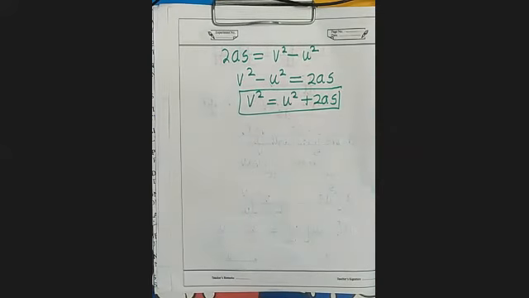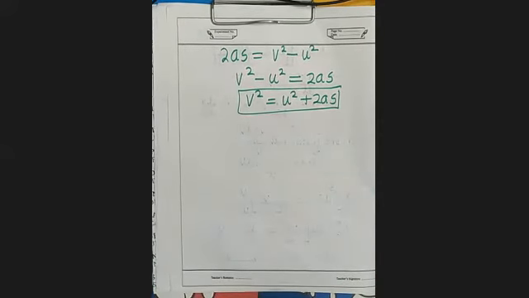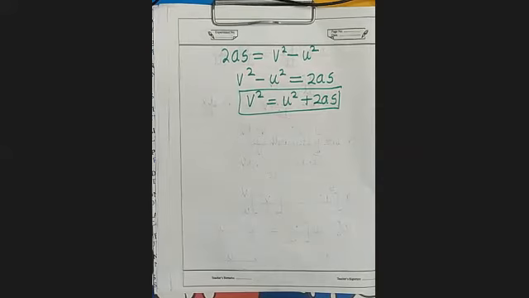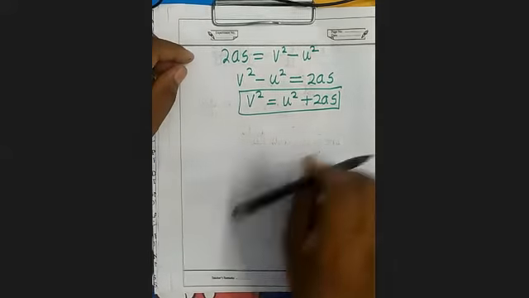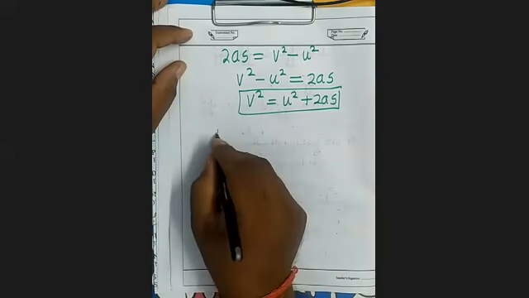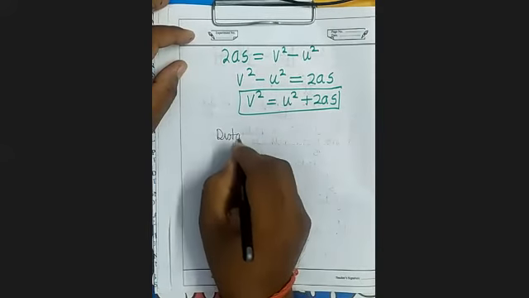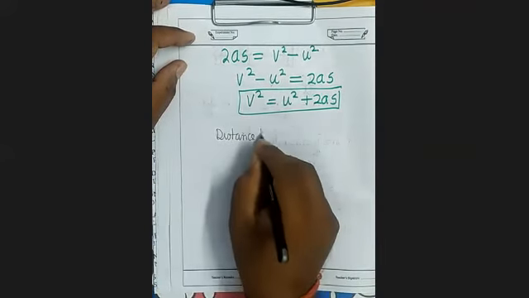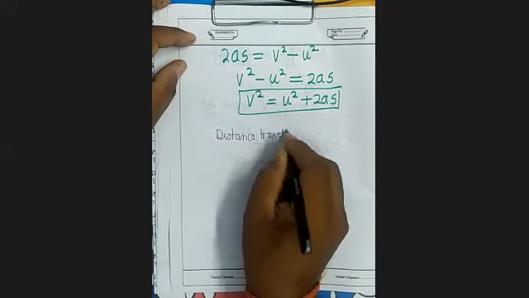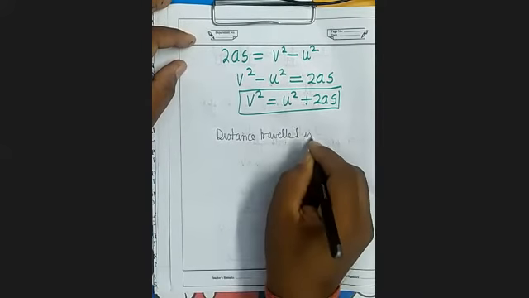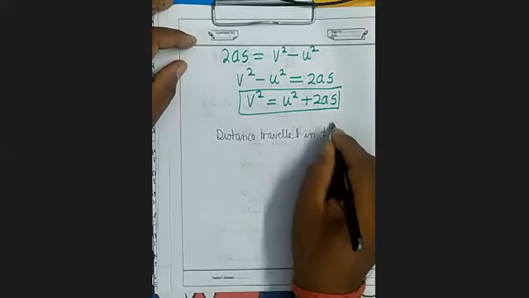Now see here. After this, there is one more equation, which is distance traveled in the th second.